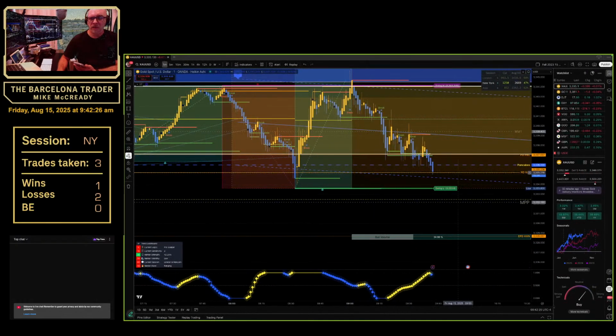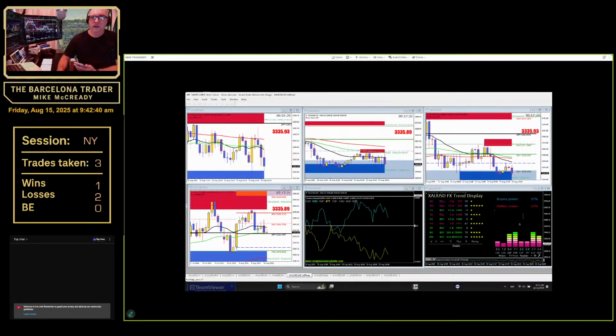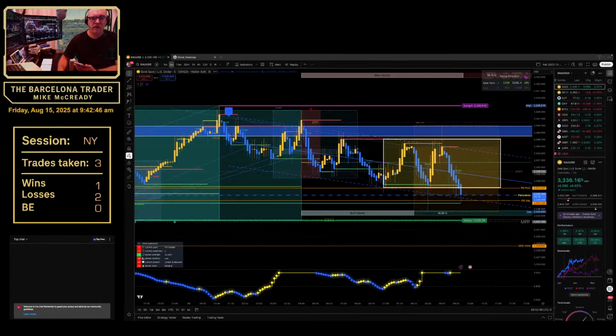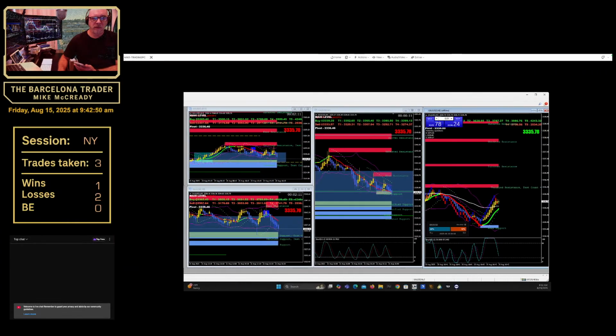We're up against the value area low and a swing low here. Even though I do think it's going to muscle its way down, it's going to creep, I'm not going to trade that. If the trade isn't there, you just got to admit it to yourself. Wait for something better to show up.